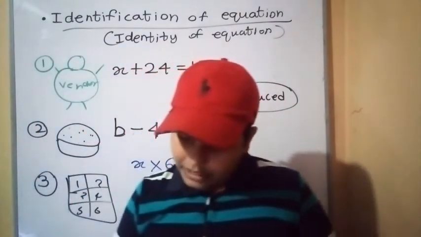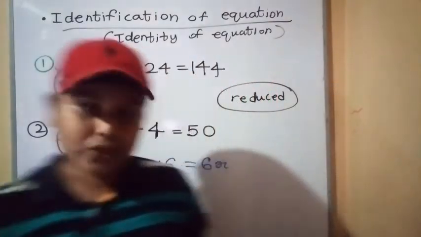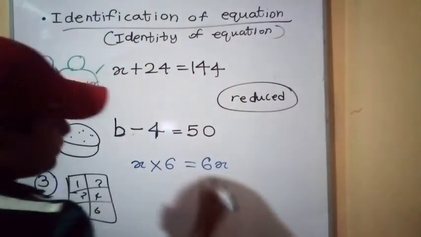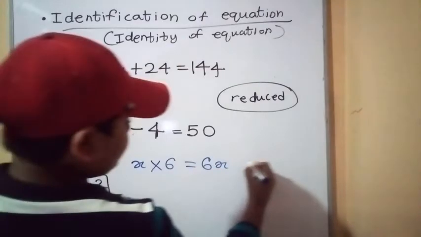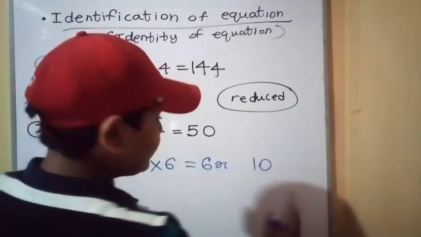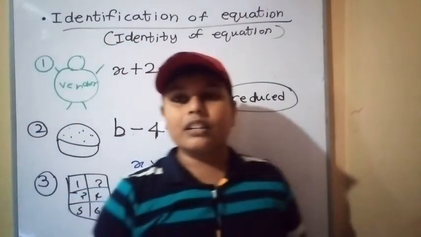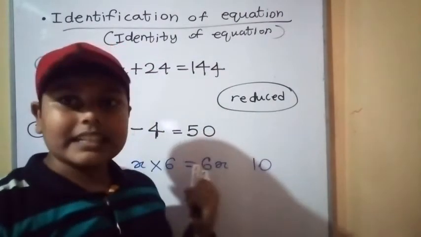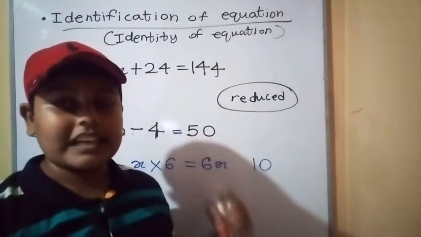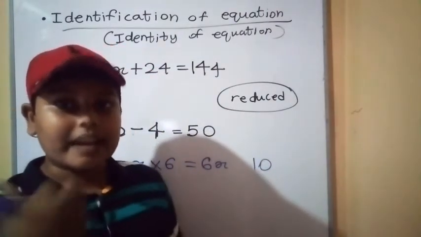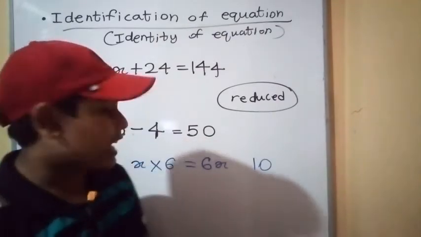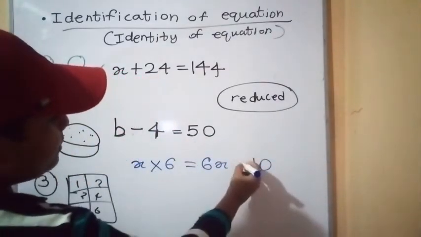After 10 of these books were issued to students, that means from this 6x we remove 10 books. That means it is a subtraction.